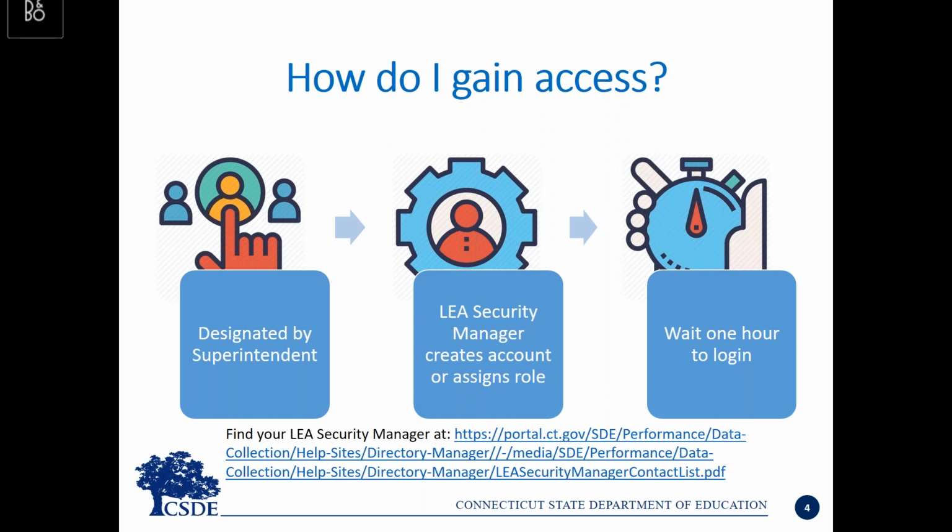Then within an hour, you'll be able to log in and access all of this information. If you're not sure who your LEA manager is, the link provided at the bottom of this slide will take you to the PDF containing contact information for all LEA managers. We'll provide a link to the slide deck along with a link to the recording of today's webinar, so you'll have all of this available.